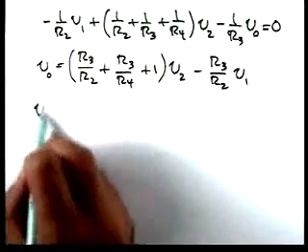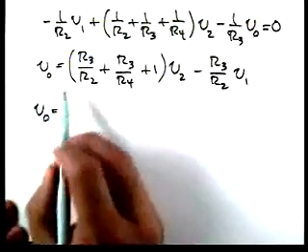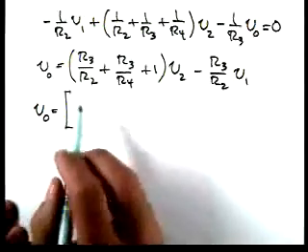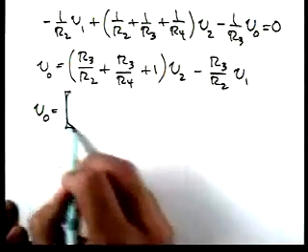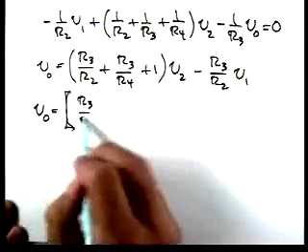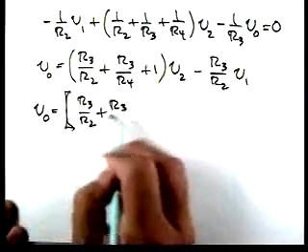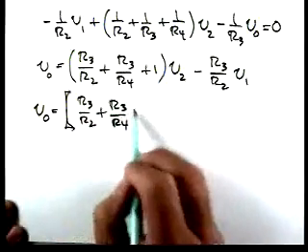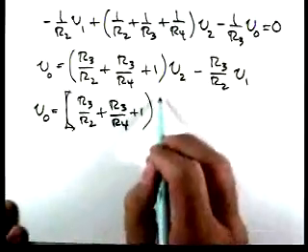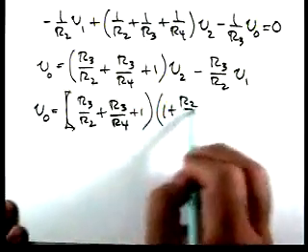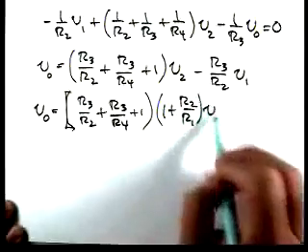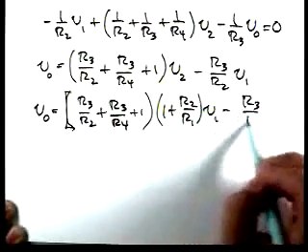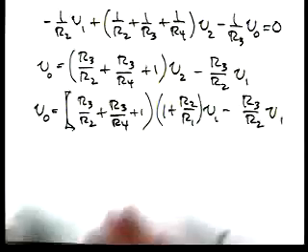Okay, so substituting that in, we'll now have R3 over R2 plus R3 over R4 plus 1 times 1 plus R2 over R1 times V1 minus R3 over R2 times V1.